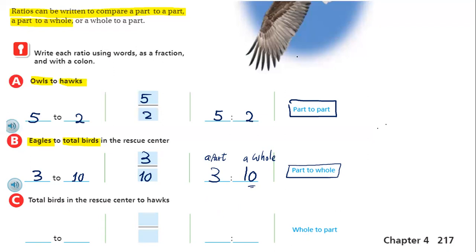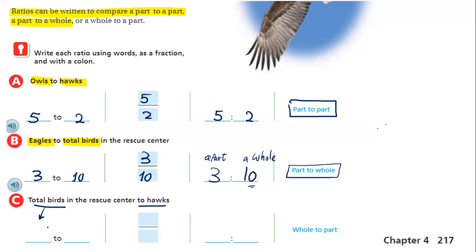Okay, can you answer question C? The total birds, he says first. Total birds in rescue center, 2 hawks. So what should I write here? Total birds number here first. Are you sure?